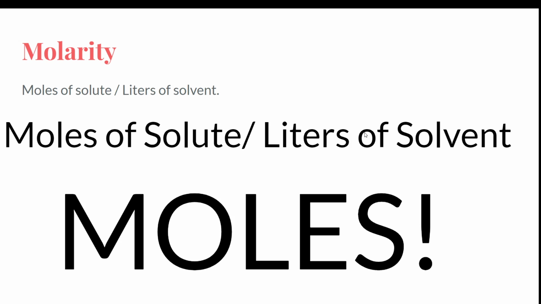So this divide by, we just have to get rid of it. That's the main way that we do molarity calculations. We get rid of the liters, and then we have moles, and for moles, we can do our regular stoichiometric process.